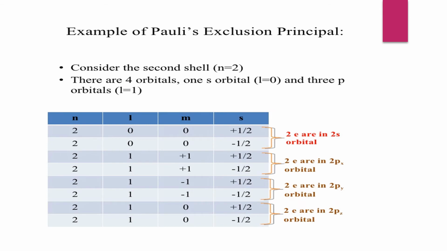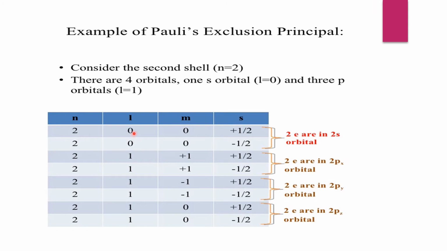Now let's see another example of Pauli's exclusion principle. Consider the second shell, that is second orbit, whose n value is equal to 2. In this orbit, there are 4 orbitals, one s orbital and 3 p orbitals, whose l value is equal to 1. Now consider the 4 quantum numbers for these orbitals. n is equal to 2 for all these 4 orbitals. Now l value of s orbital is 0.